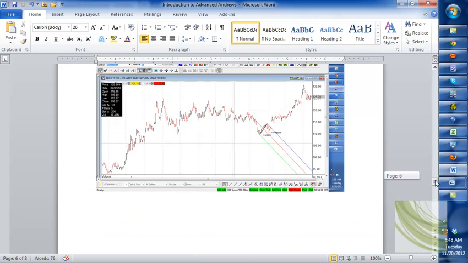Then you use something for an entry. Now, under standard Hagopian's rule, the entry, in this particular case, would be a break of the H, which is the parallel line to the median line, and so it would have gone long on this day here. And by the way, this chart here is a bond chart of the 20-year Treasury. It's kind of an ETF, okay?